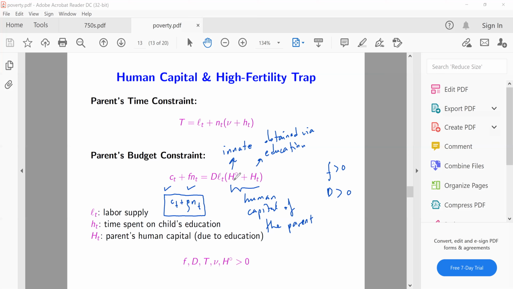Okay, the rest of it is obtained through education. Whose education? This adult's own education by his or her own parents, in the previous episode. So each generation here accumulates, of course, human capital, ideally, right? So these are the constraints that a generation T adult faces.